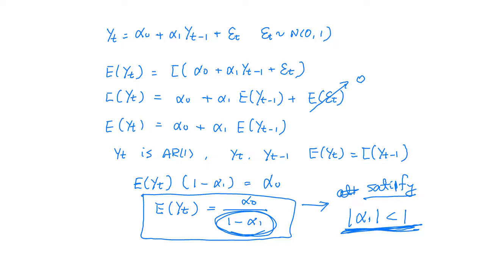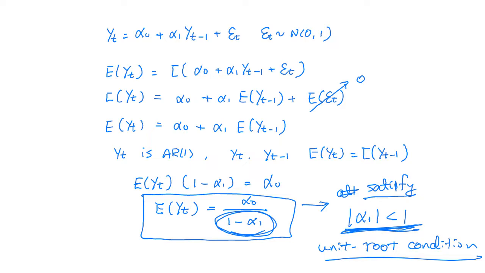And this moves forward to future classes. This is actually called the unit root condition. So if your process satisfies the unit root condition, your process will be stationary. That is the whole idea here.